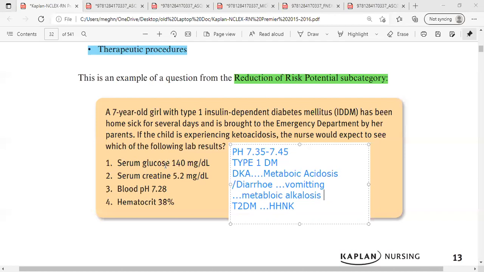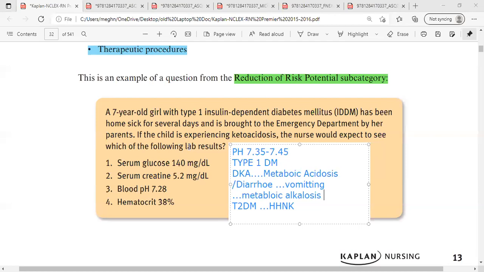Because a blood glucose of 140 milligrams per dL is not that much higher for the patient to develop DKA or for the complication to start. Usually, if blood glucose level is more than 135 or 126, we call it a hyperglycemic condition, but not that much complication starts when it looks like this.